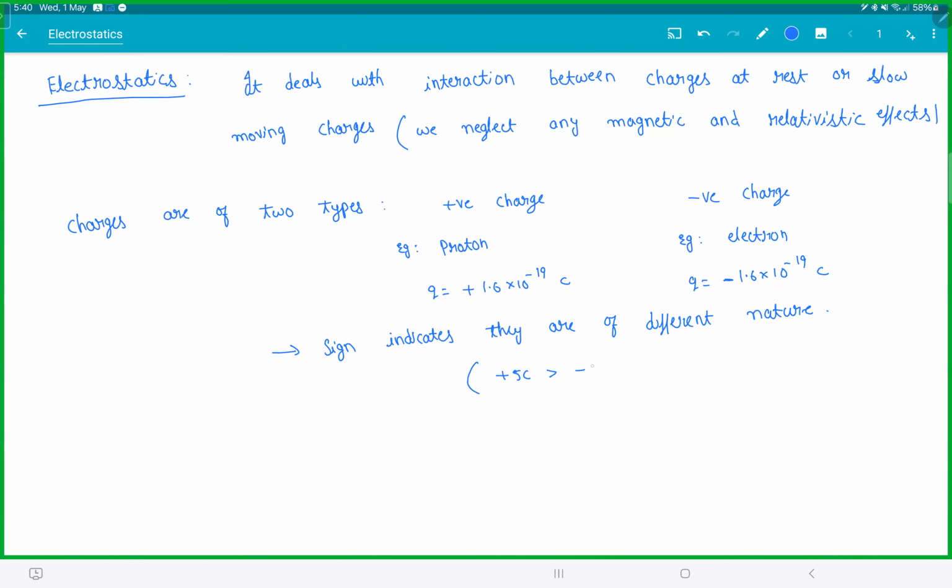This thing has no sense actually. It's like saying plus 5 meters is greater than minus 5 meters. Plus 5 and minus 5 simply indicate the direction. Clear?